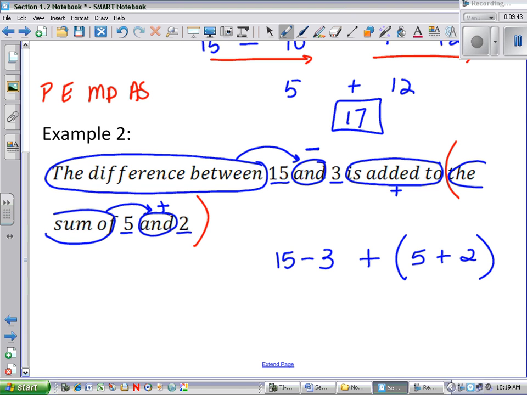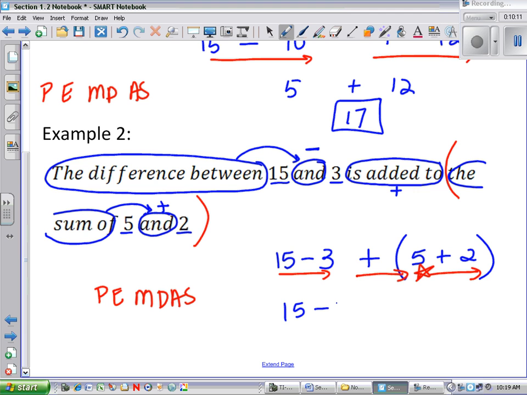Now, the parentheses aren't really necessary here because we have plus signs on either side of that. PEMDAS tells us we're going to add and subtract. Whoops, forgot my D. PEMDAS. We're going to add and subtract from left to right, doing the addition inside parentheses first.